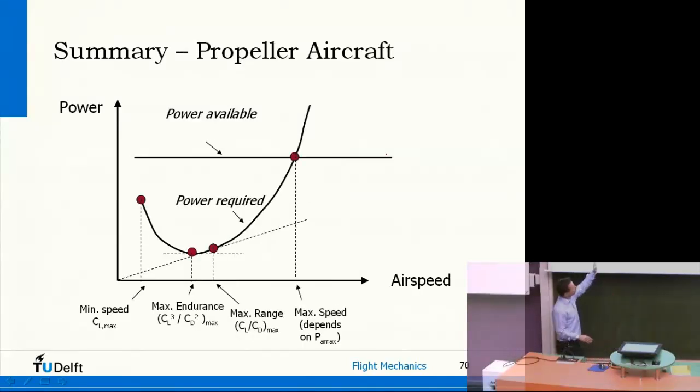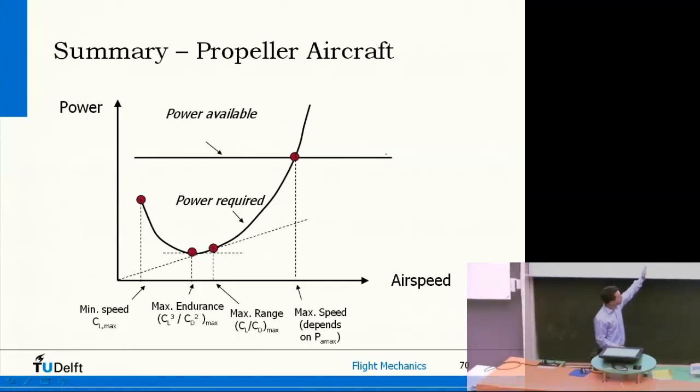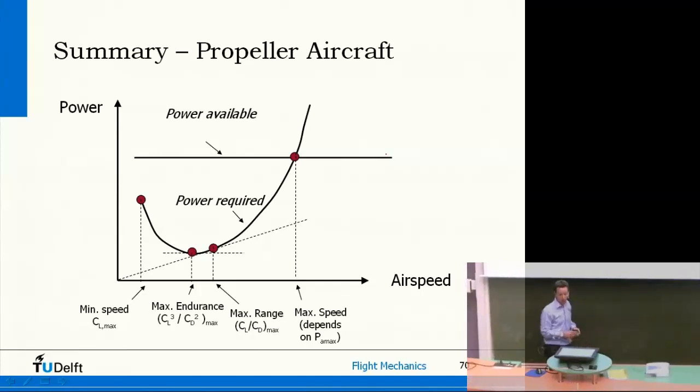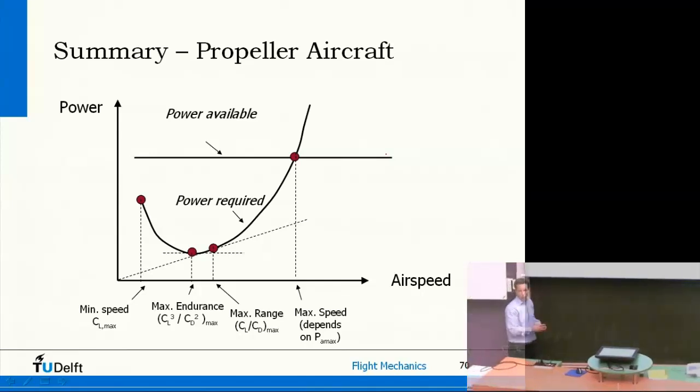You start minimum speed, maximum endurance, maximum range, and maximum speed depending on the power of the propeller. Only difference is that now we work with a power diagram. So in two diagrams you can summarize everything.